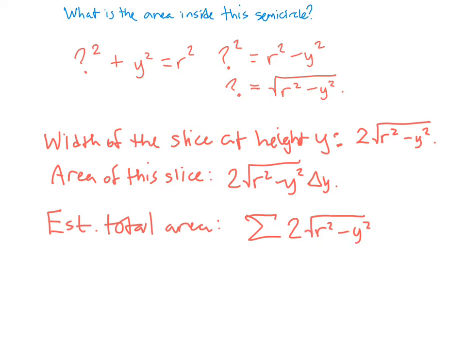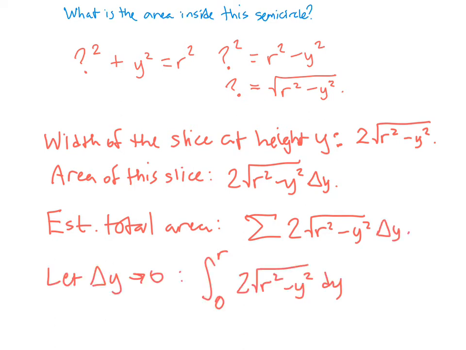Y, on the other hand, is changing. 2 root r squared minus y squared times delta y. And if we let delta y go to 0, then that estimate becomes the actual area, and that area is the integral of 2 square root of r squared minus y squared dy, and that integral runs from the bottom height, which is 0, to the top height, which is r.